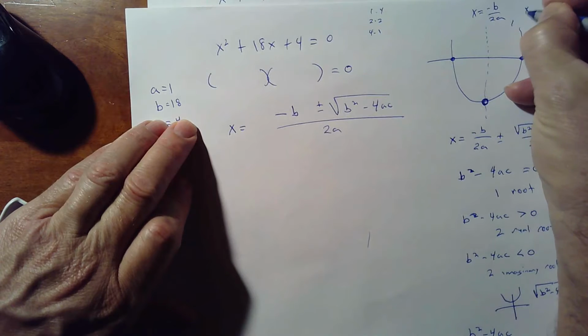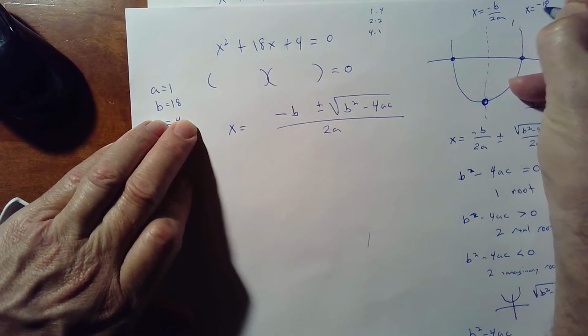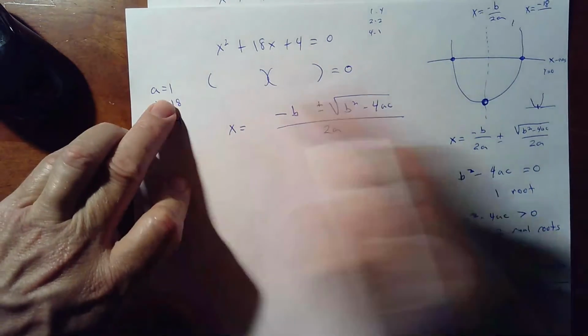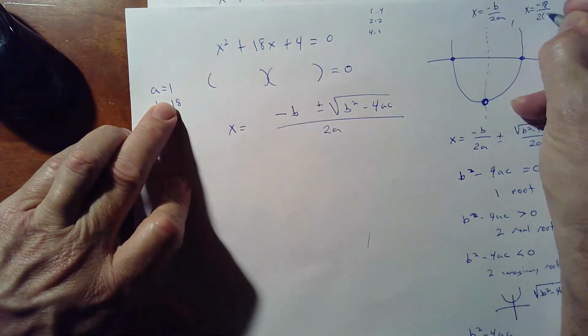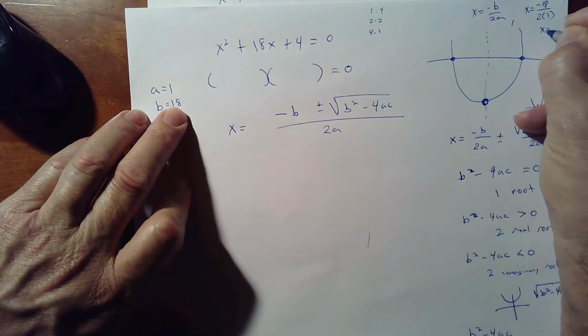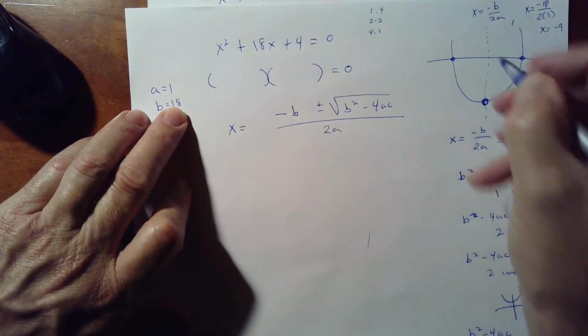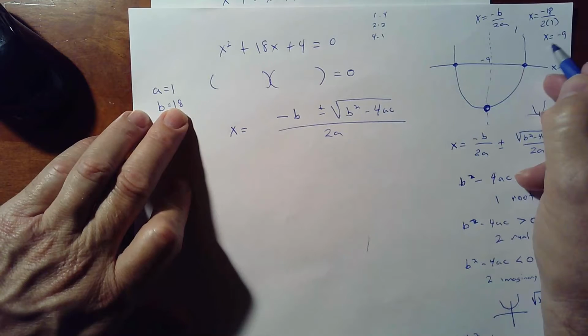So we get x equals negative b, so negative 18, divided by 2 times a, which is 1. So that's negative 18 divided by 2. So at x equal to negative 9, that's the location of our vertex.